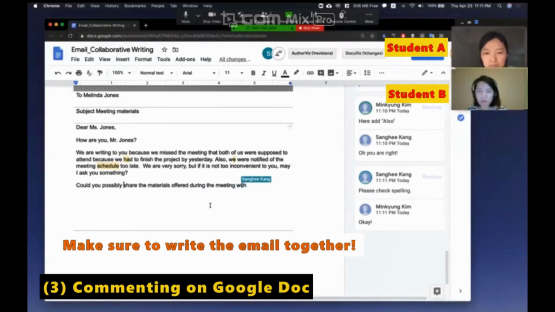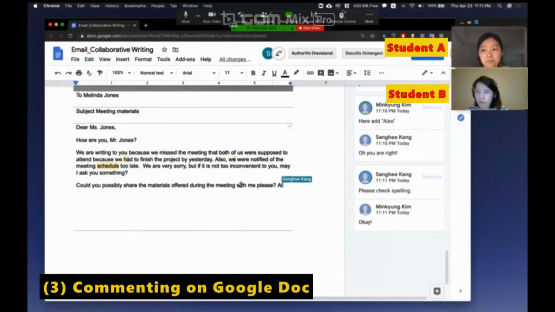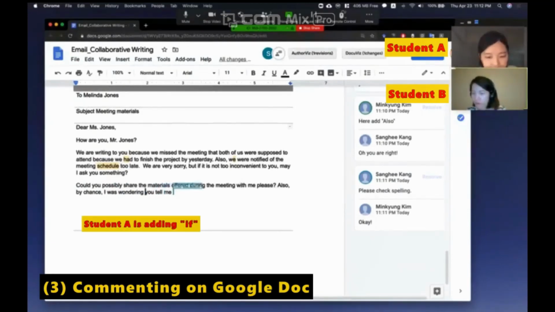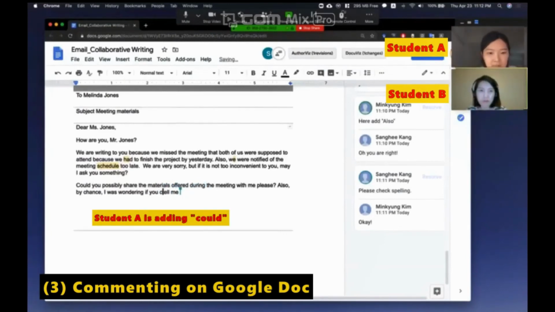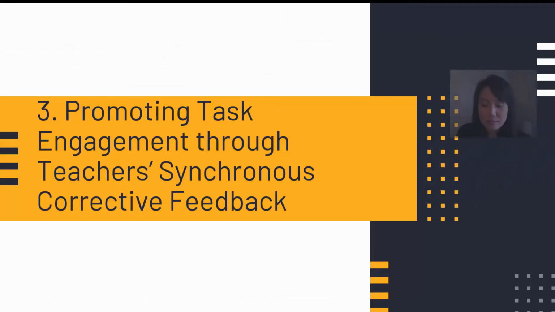So sometimes when people are doing collaborative writing, they just divide up parts, right? Okay, so I write this part and you write that part. But in this case, we are really trying to show how to co-construct messages together. Okay, so that's the end of the modeling video.